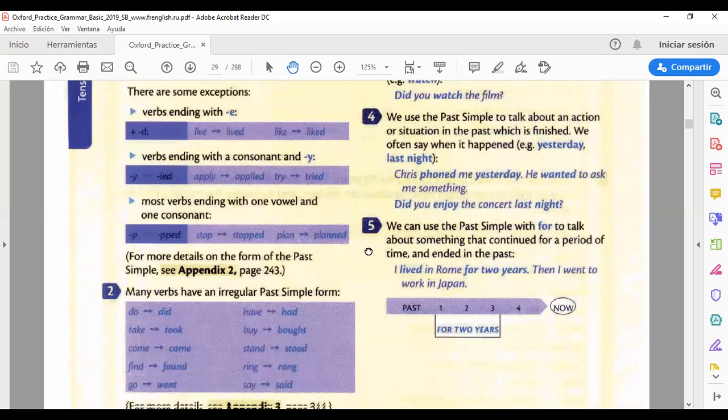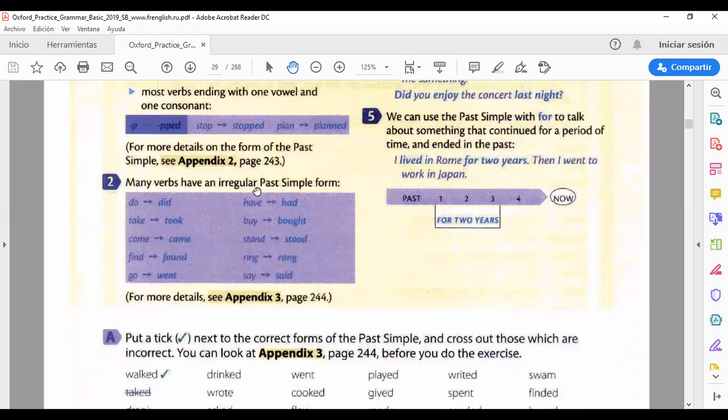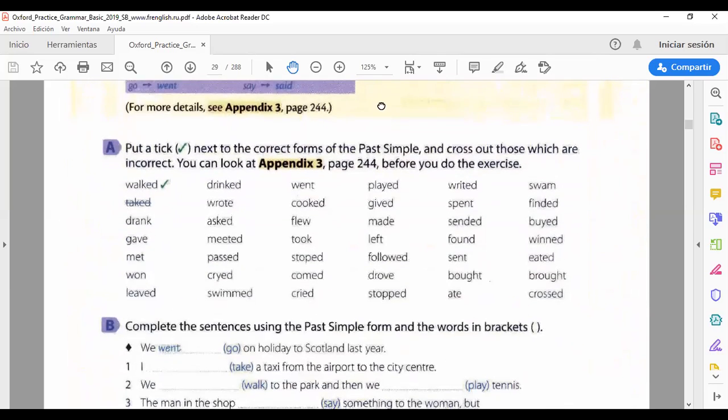Let me see if we have irregular. Yes, right here. Irregular verbs. They change. It's not like regular. This is irregular. So present simple, do. Simple past, did. Take, took. Come, came. Find, found. Go, went. Okay? You know this information already. I just want to make sure you understand.